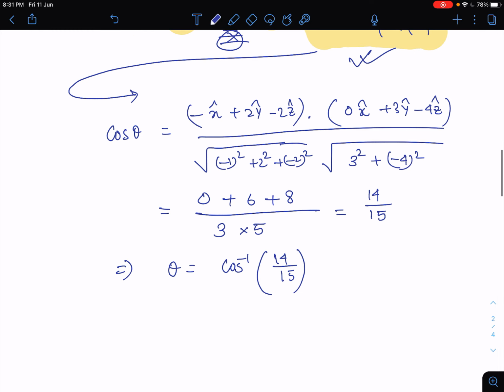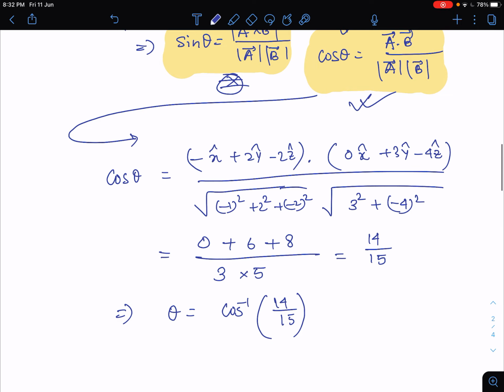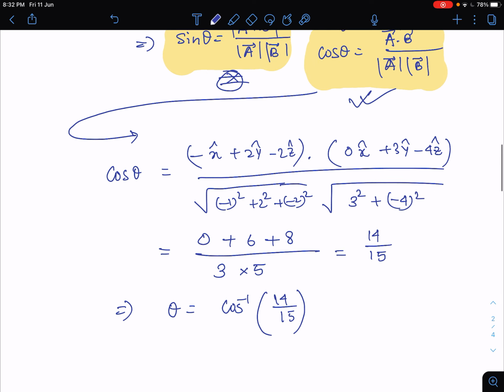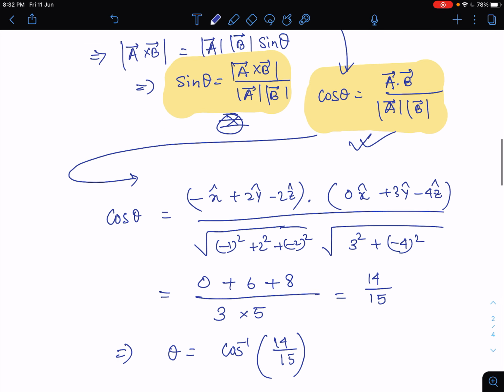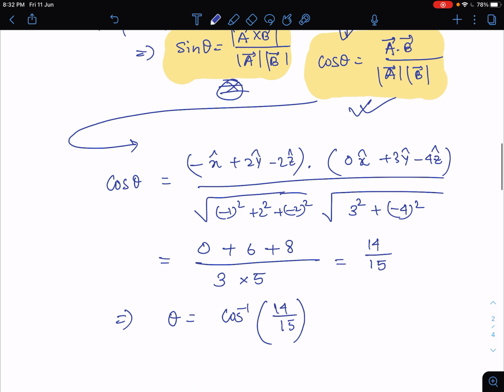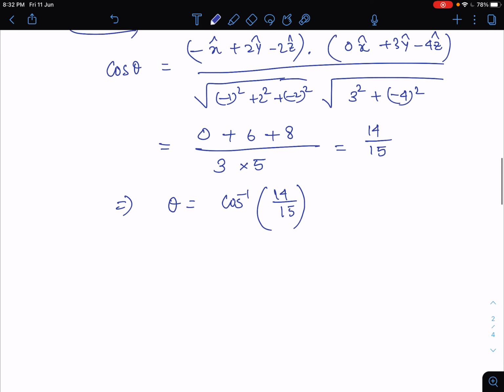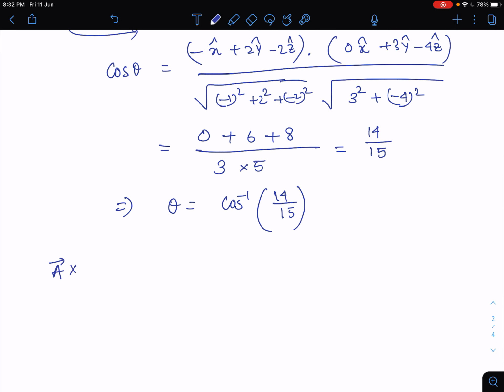And you can also obtain this in that formalism, a cross b. So let us try this, and see how and why it is difficult, rather than this dot product formalism. If you take that now, a cross b is the determinant of x y z, minus 1 2 minus 2, 0 3.